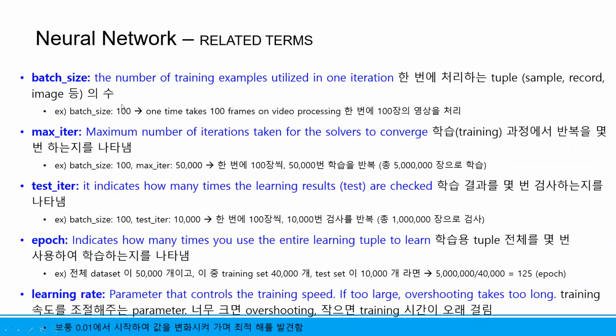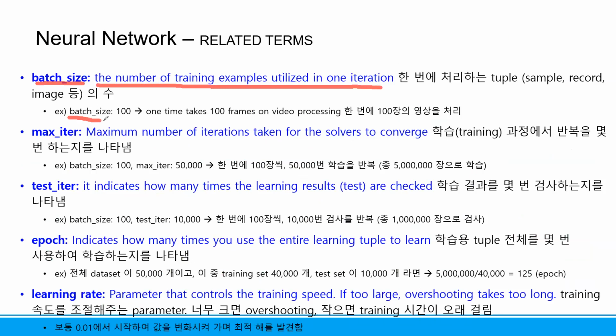So there are some parameters that we will learn, for example, the batch size. What is batch size? I give the Korean words here, hopefully it will be helpful for you. The batch size means the number of training examples utilized in one iteration.